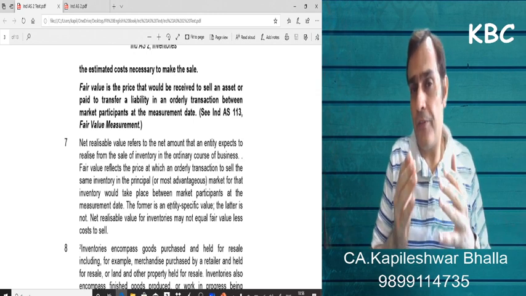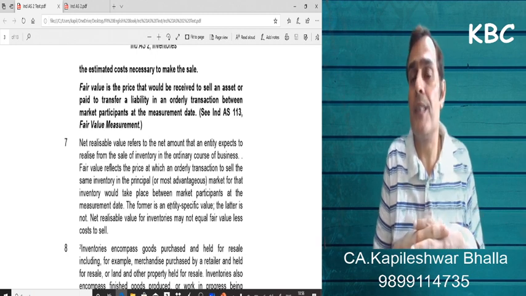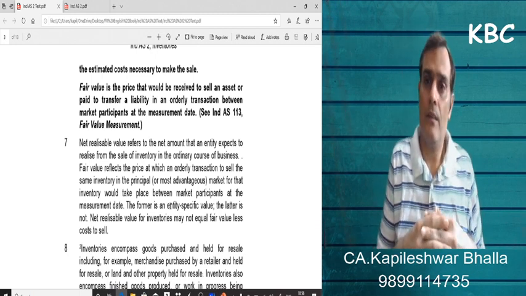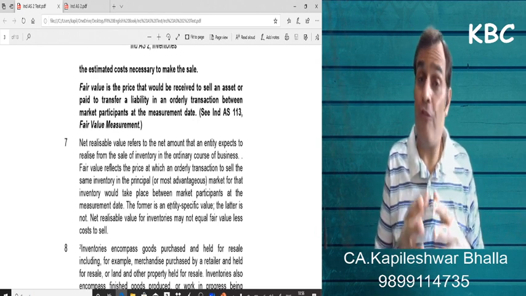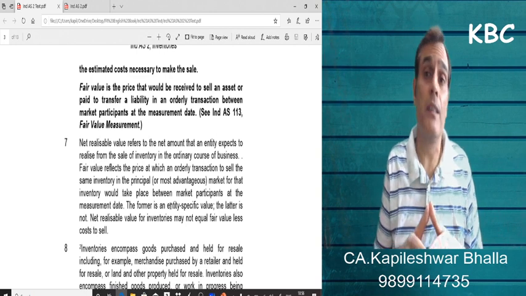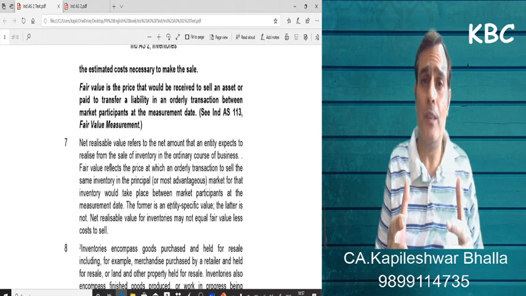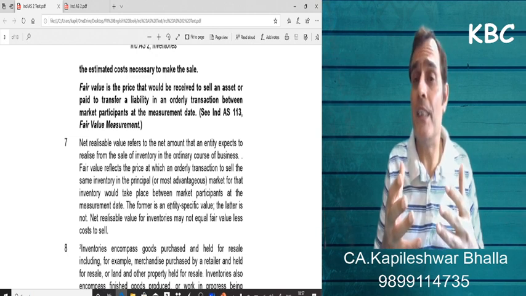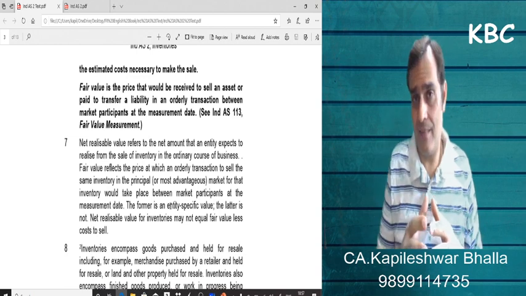It says fair value is the price that would be received to sell an asset. Fair value is the price that would be received to sell an asset. You must be wondering why I am emphasizing the word received. And this word is to sell an asset.